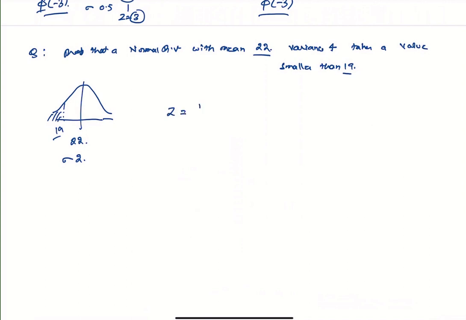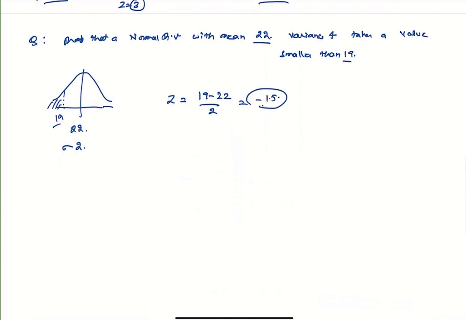So the z value of 19 is going to be 19 minus 22 upon 2, that is going to be minus 1.5. Now all we have to do is calculate the area to the left of minus 1.5, and then we can get it from an applet, 0.0668.